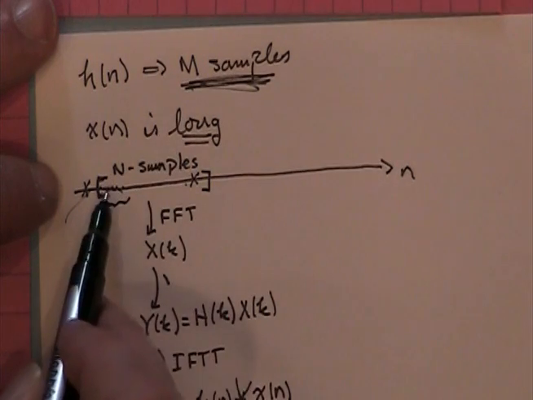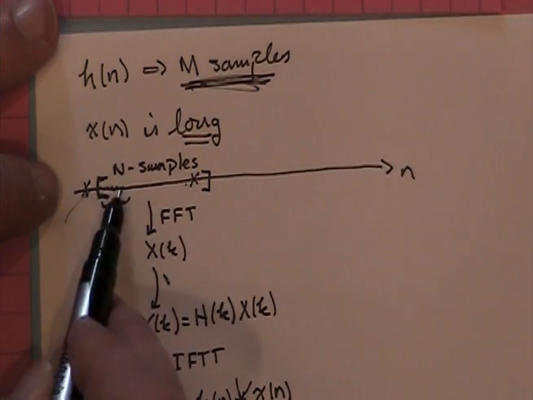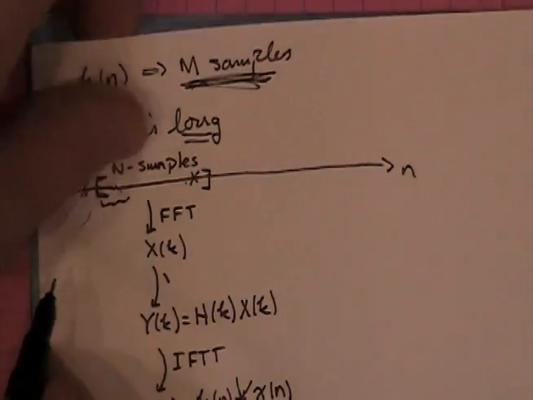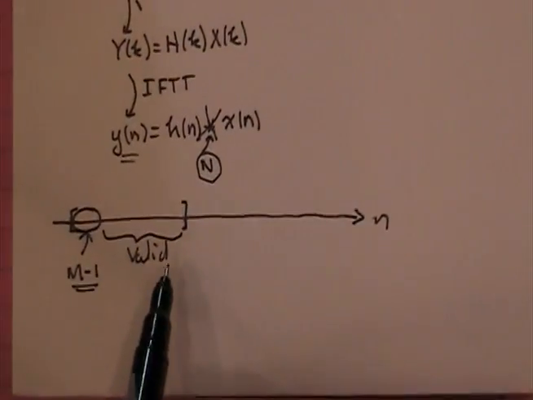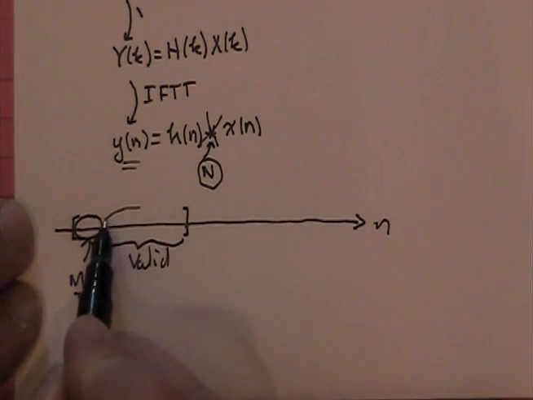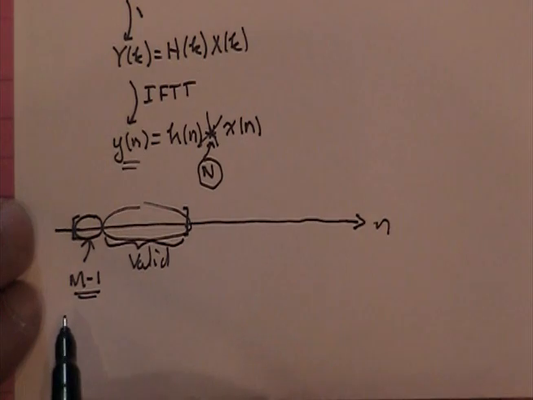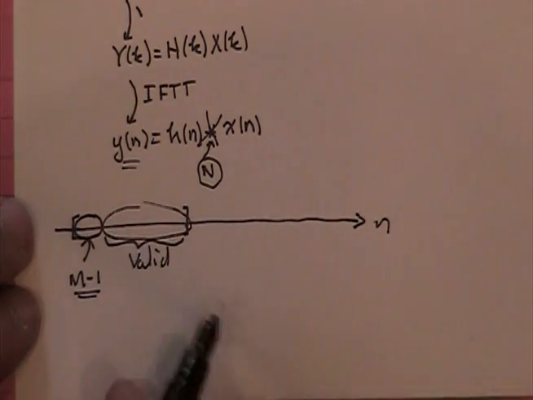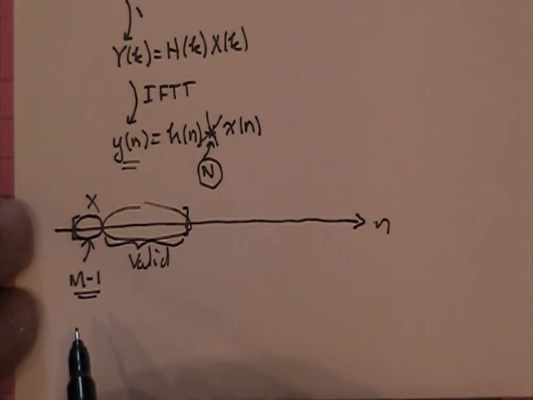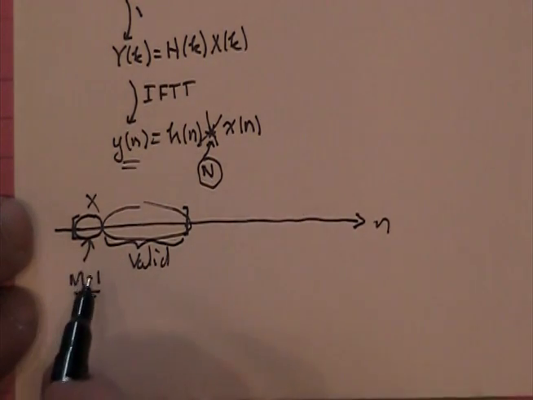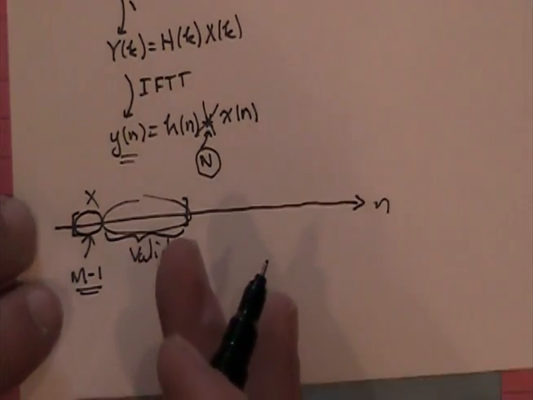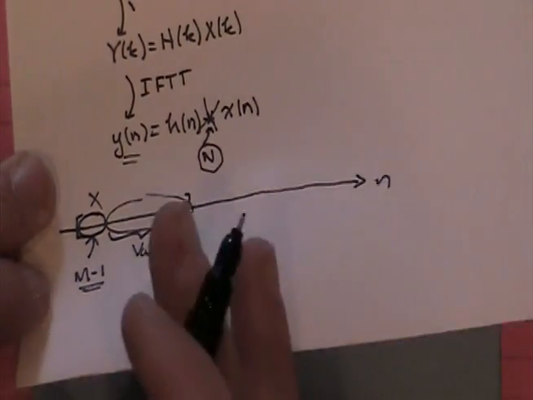If I have m samples in my impulse response, the first m-1 values here are going to be messed up because I need the values that are outside of the array. So I get a group of valid samples out when I do the calculation this way, and I get a set of values that I need to throw away. They're messed up because I've used a circular convolution instead of a regular convolution.